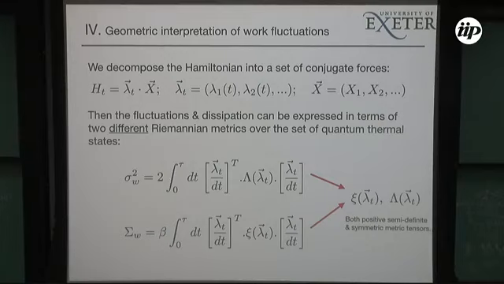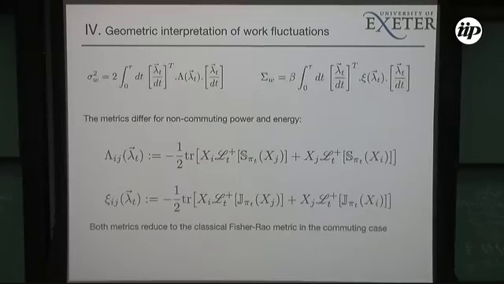So these are positive symmetric metric tensors here. So these actually both reduce to this Fisher-Rao metric in the commuting case. But we have this interesting situation where in the quantum case we actually have two different geometric structures here.